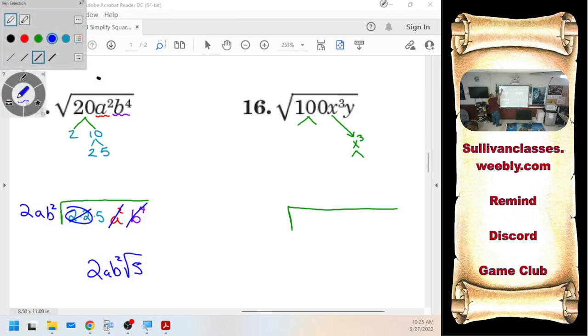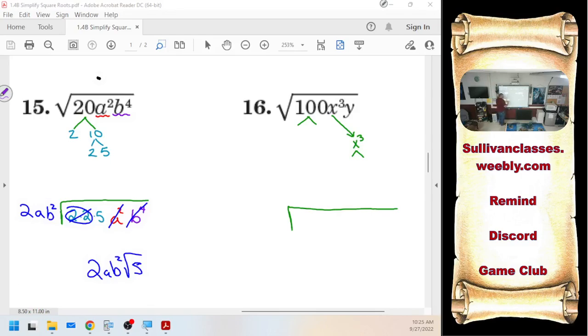Now, I'm not going to break apart 100 because I hope y'all recognize 100 is just a perfect square. But we kept dividing our exponents by 2. What's 3 divided by 2?